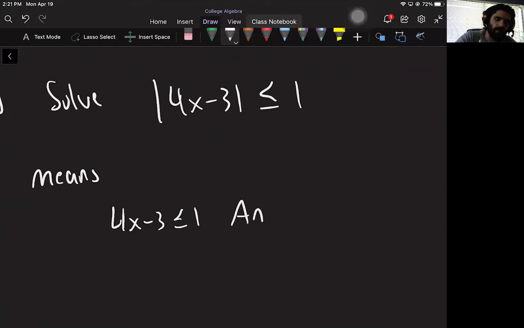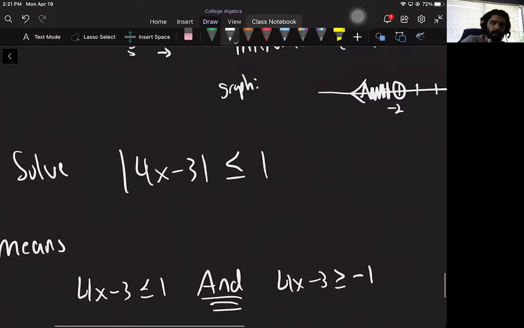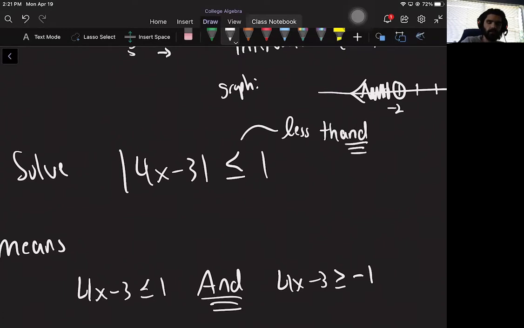But you also need the same x values to obey a second inequality. You need them to be bigger than or equal to -1. And so this is how a less than problem will always work out. So less than, does that help?